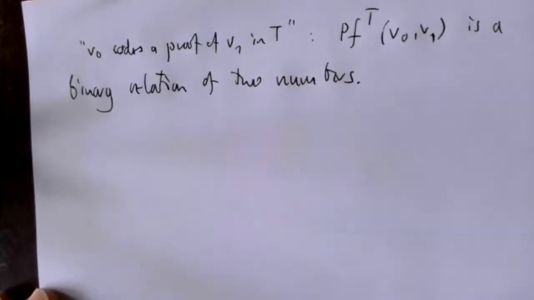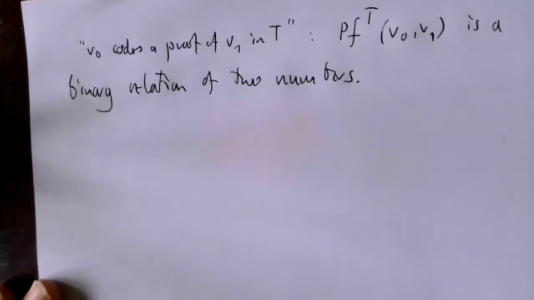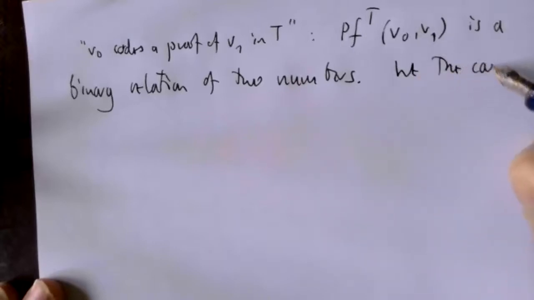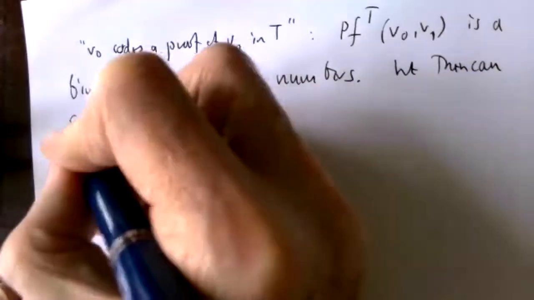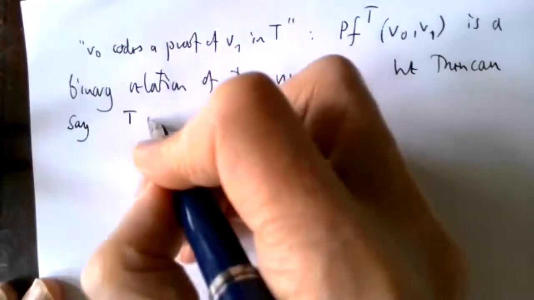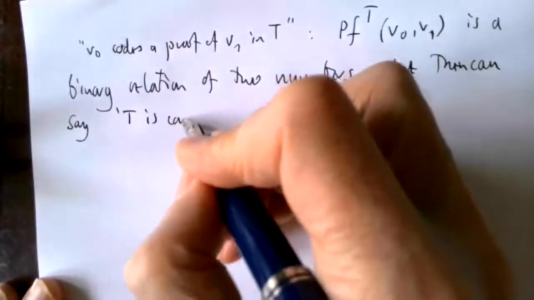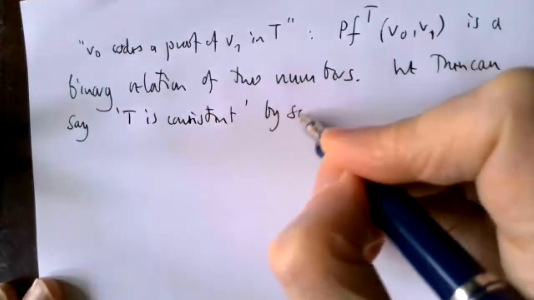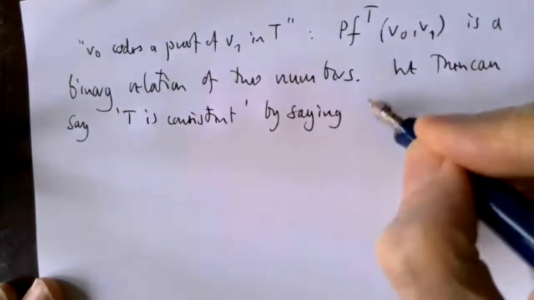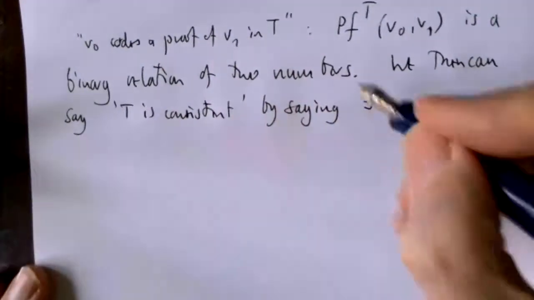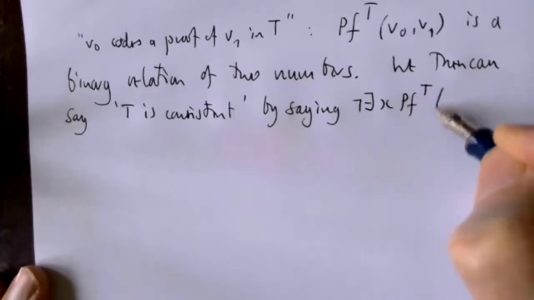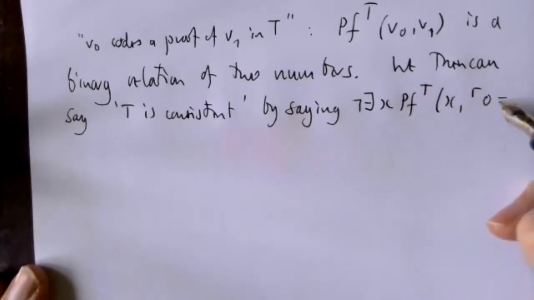But now one can express in T, or Peano arithmetic, what it means to be consistent. So we can say that T is consistent by saying there is no natural number which is a proof of naught equals 1.